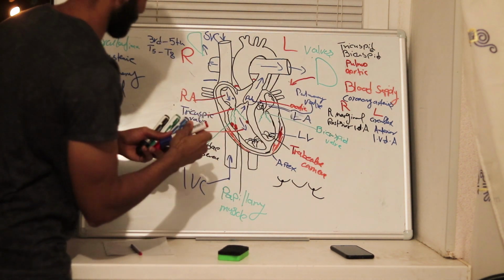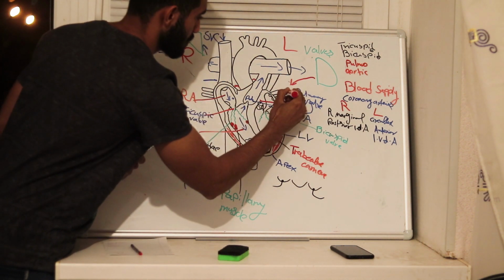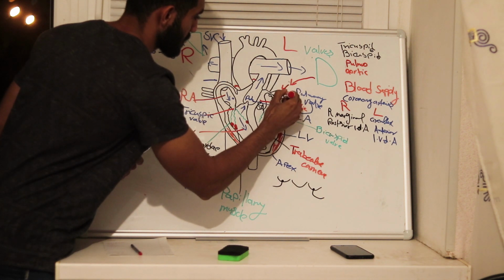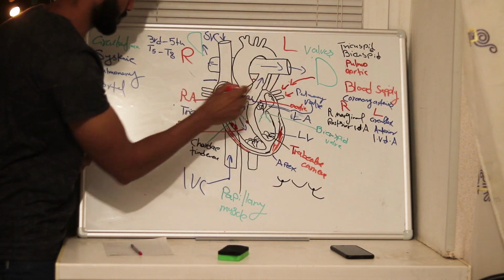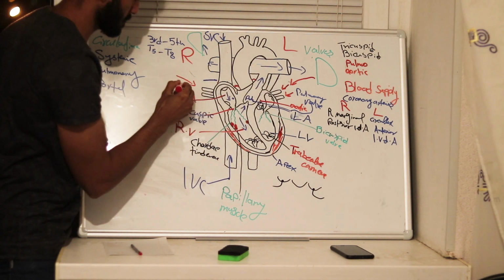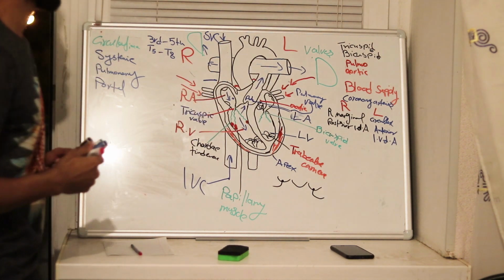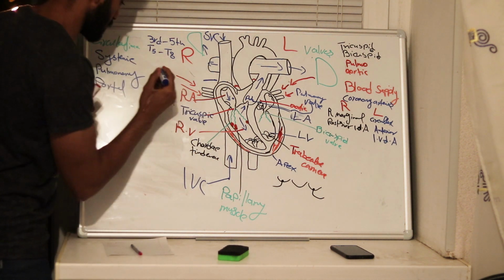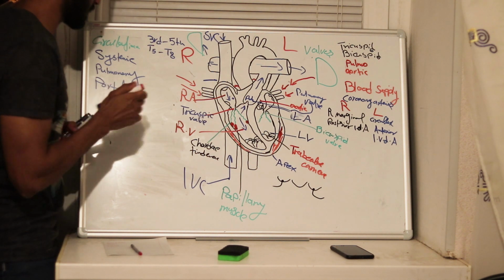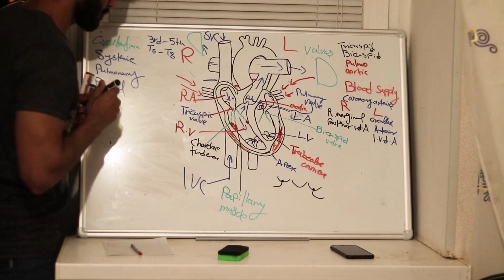These pulmonary veins: the left ones, superior and inferior, and the right ones, superior and inferior. You have to write pulmonary veins.